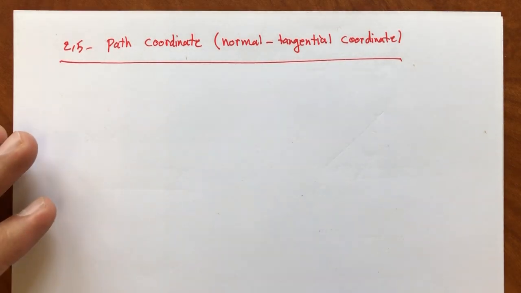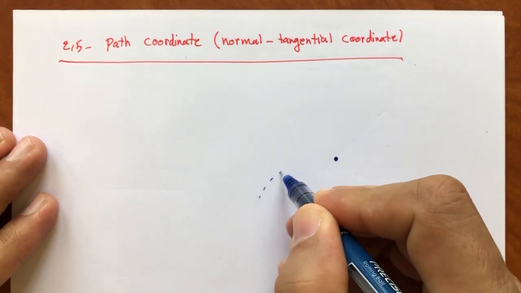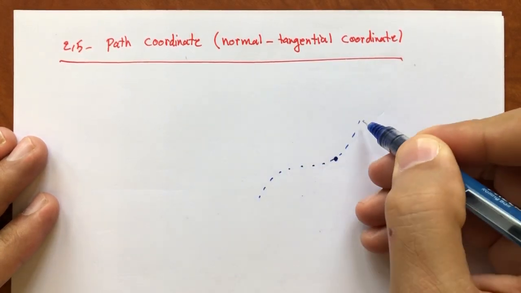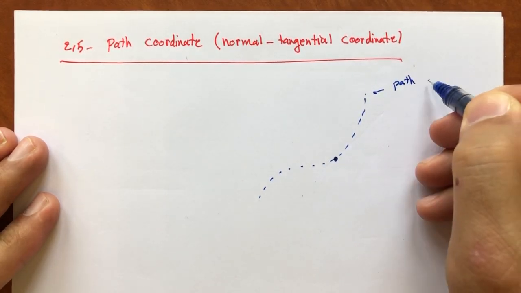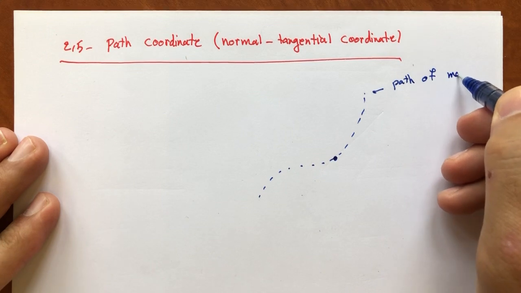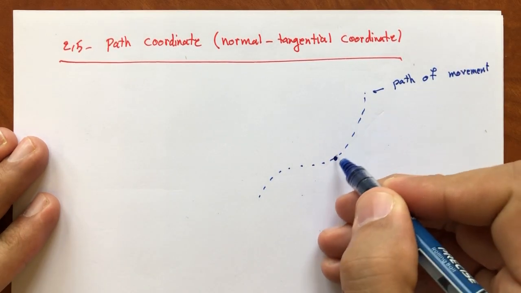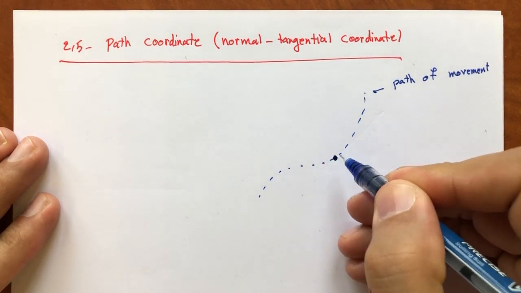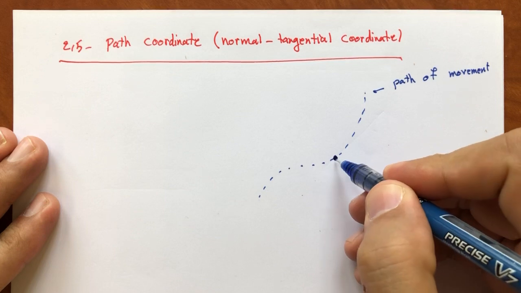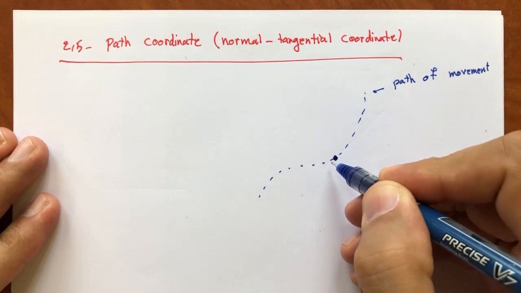If you look at a particle which is moving on a path in plane, this is the path of movement. This particle is moving on this path. If you look at this particle, you're going to see the velocity of the particle is always tangent to this path, right?